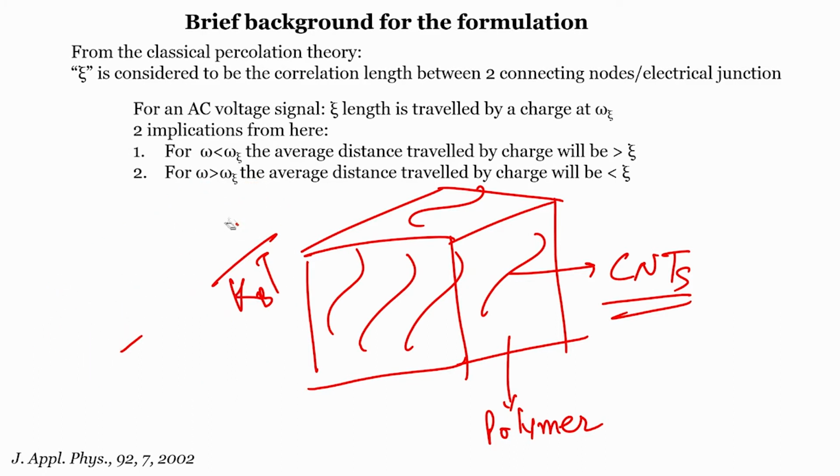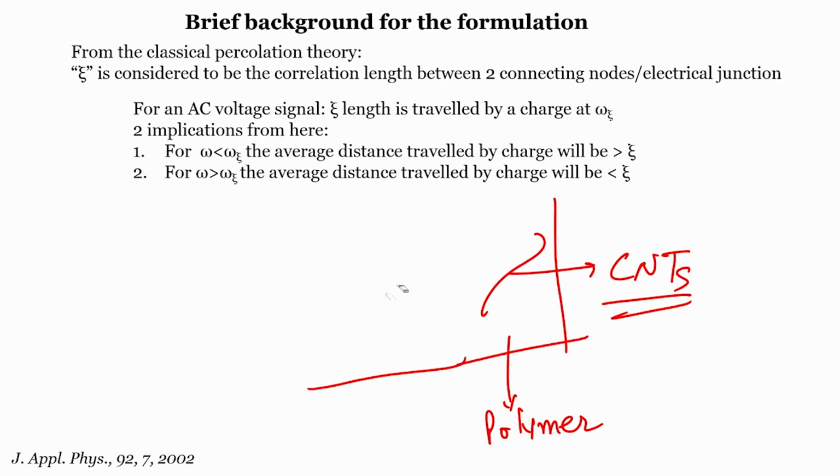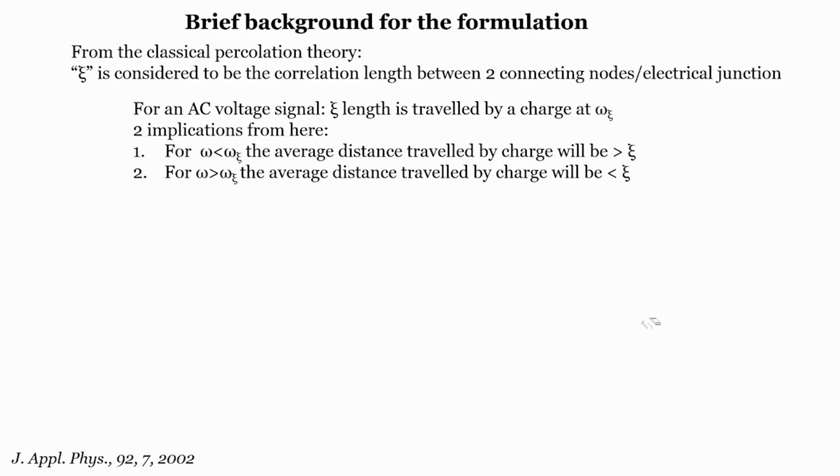Having understood the DC transport, let us now understand why AC transport is important, particularly in disordered systems, and how we can arrive at a particular equation which can help us appreciate the fact that most disordered systems, when it comes to frequency transport, are universal in nature. They show some universal behavior. This is something we will look at in the next few minutes.